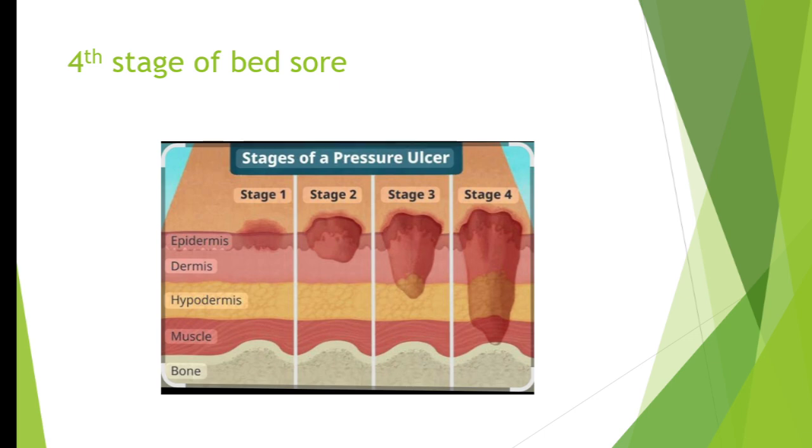In the fourth stage of bed sore, firstly we have to clean the ulcer with normal saline or prescribed solutions. After that we apply appropriate dressing like hydrocolloids and foam, and alginate medications as per the stage: betadine ointment, betadine liquid, any other ointment prescribed by the doctors.